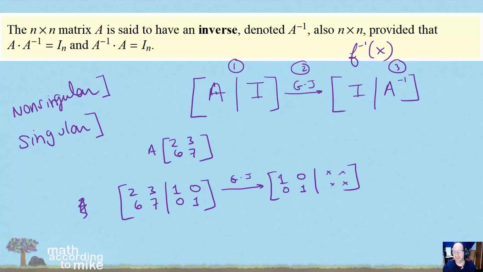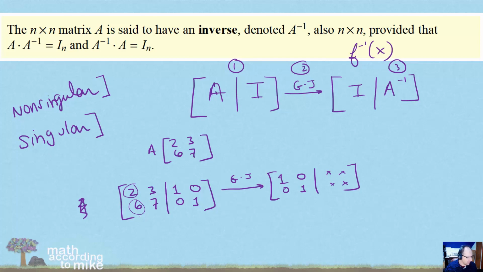In this case, yes, it does have an inverse, and those 4 numbers would be the inverse of the original matrix. For example, where this 2 is, you would want a 1. After you make your 1, you would make your 0, so you can say -6 times the first row added to the second row gives you the second row. And you repeat everything you've been doing in 6.2 and 6.3.